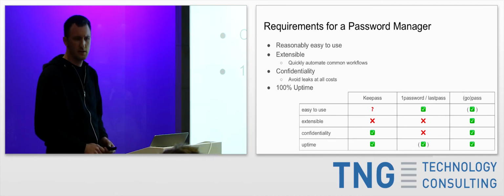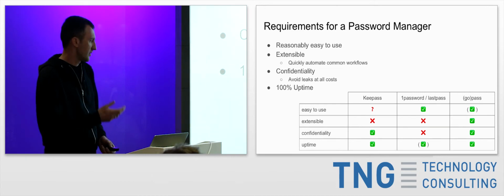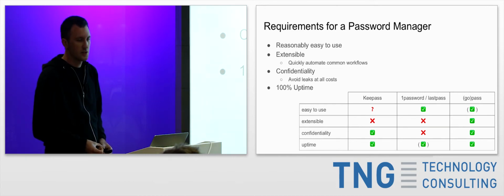It's not super extensible. I think it's pretty secure as far as I can judge, and it runs whenever your workstation is running. The cloud-based ones, we didn't really enjoy these for our company secrets. Some people on our teams use them for private stuff, but we ruled them out for company credentials. And gopass luckily supports all these use cases, so this is the reason why we built it.